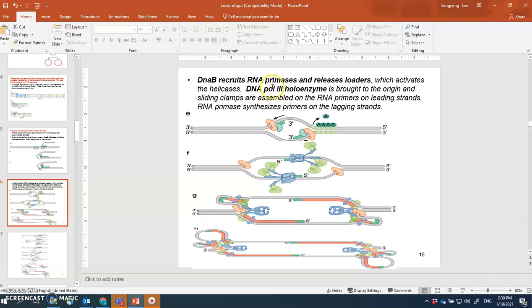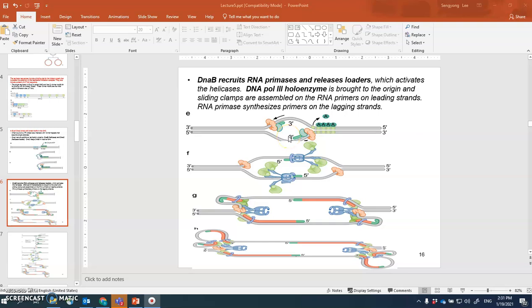That's an RNA synthesizing enzyme, and DnaB is recruiting that enzyme. So it's described here: the primase enzyme making a primer going this way, then another one here. It's probably going in the 5' to 3' direction.